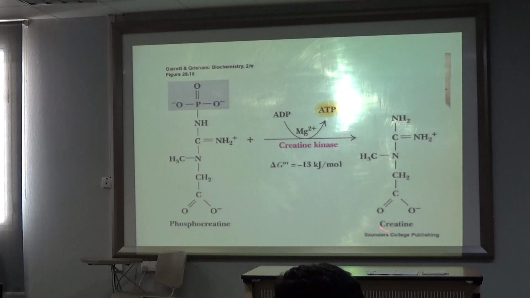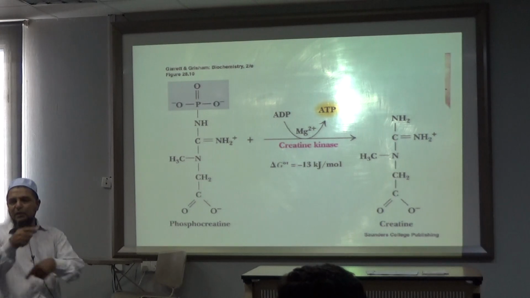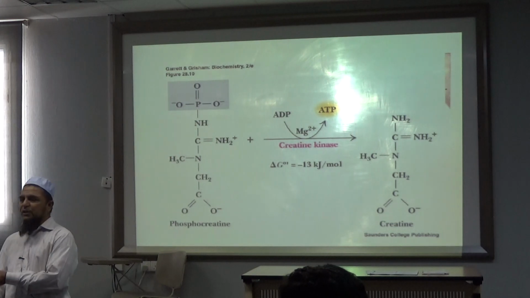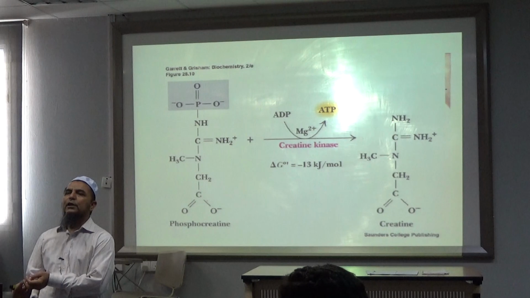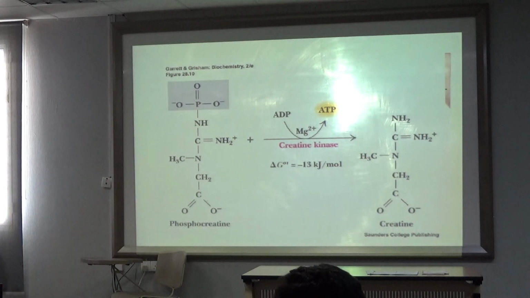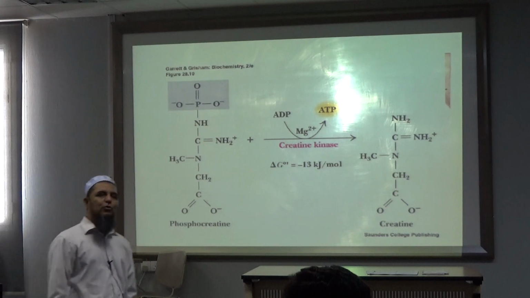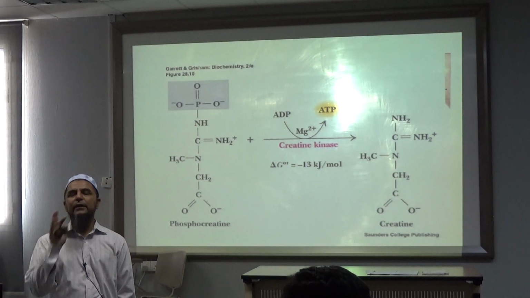Either it will be rephosphorylated and the cycle will be repeated, or you remove water from this creatine, and then it will be converted into creatinine. We know that creatinine is one of the good indicators for the assessment of kidney function.